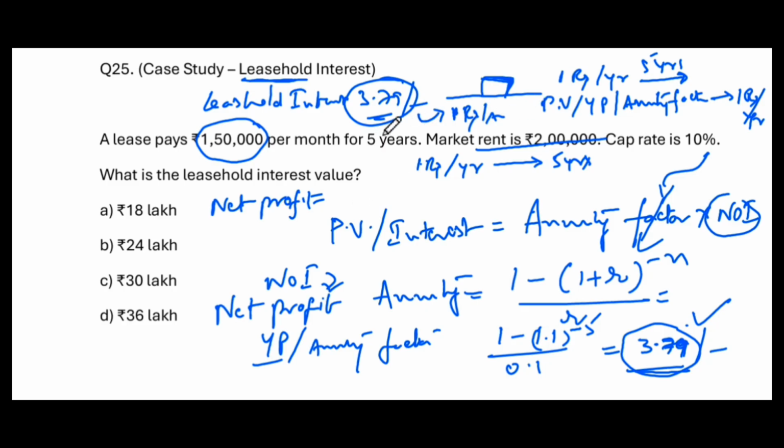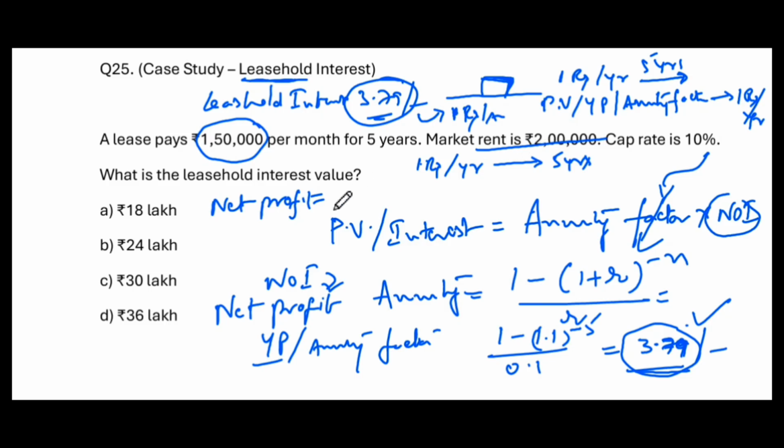There is a party B, he is the lessee. The lessor owns the property, he is a freeholder. B is the lessee, who took the property for 1,50,000. But there is a market rent of 2 lakhs. Party B knows that. Immediately the lessee did one thing: he gave a sublease to C for 2 lakhs.